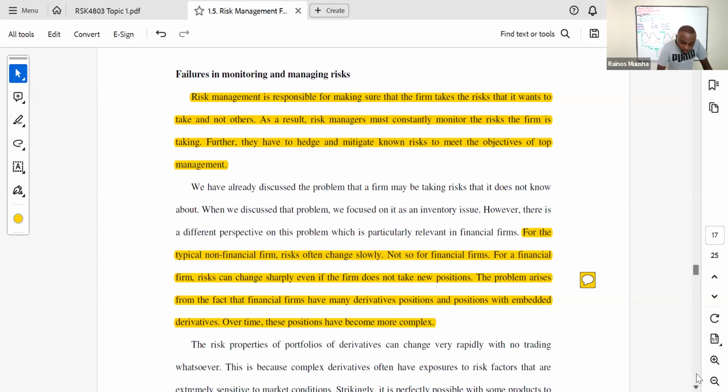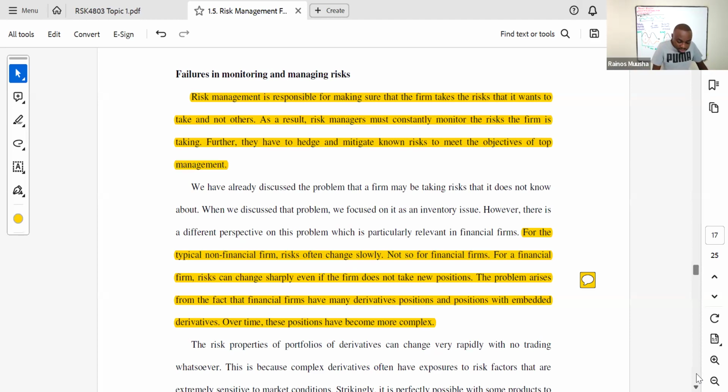So here they say, not so for financial firms. For a financial firm, risks can change sharply even if the firm does not take a new position. The problem arises because financial firms have many derivative positions and positions with embedded derivatives.